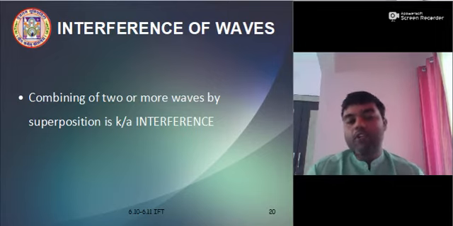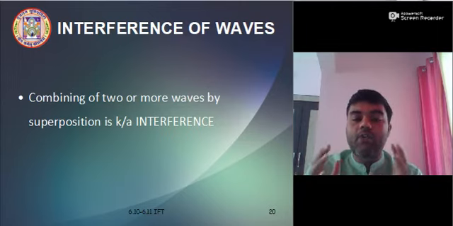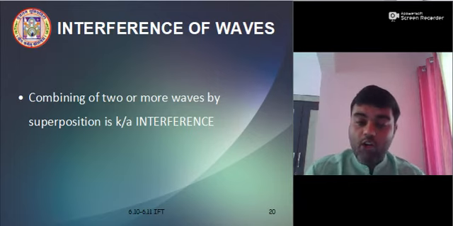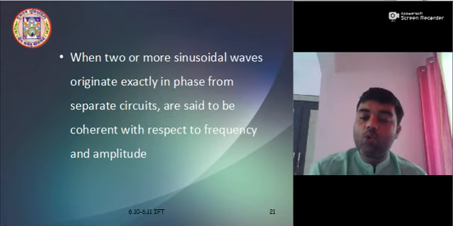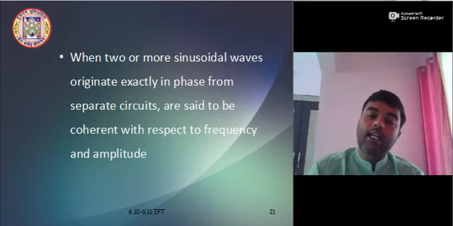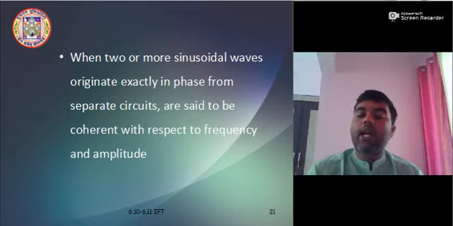Now interference of waves. Combining of two or more waves by superposition means interference. So in IFT we are using two waves. When two or more sinusoidal waves originate exactly in phase from separate circuits, they are said to be coherent with respect to frequency and amplitude.